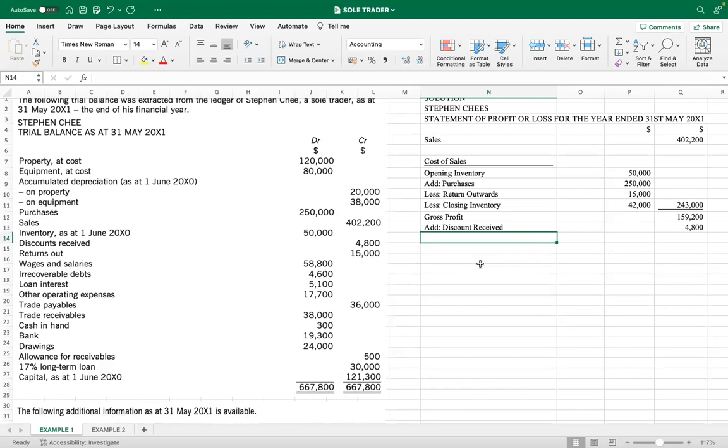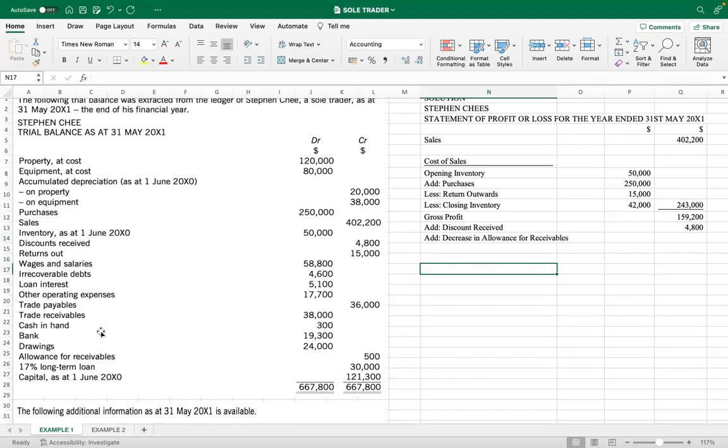If you find it's an increase, it's an expense. If you find it's a decrease, it becomes an income. So we will add if there is a decrease in allowance for receivables.